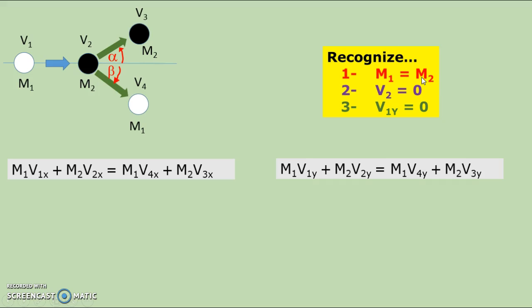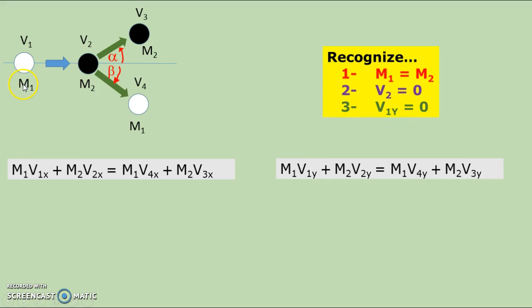Some problems have this, some do not. I've made this a fairly simple problem. The second thing is that the initial velocity of the 8 ball, V2, is 0, so all of those parts are going to drop out. The third thing to recognize is that the velocity V1 has no y component.